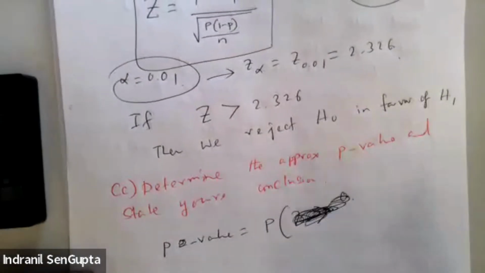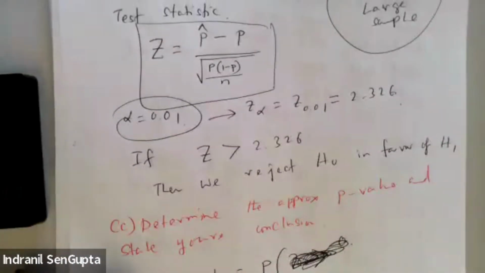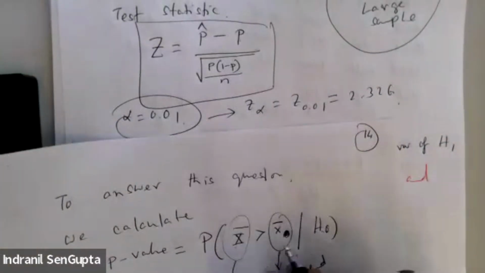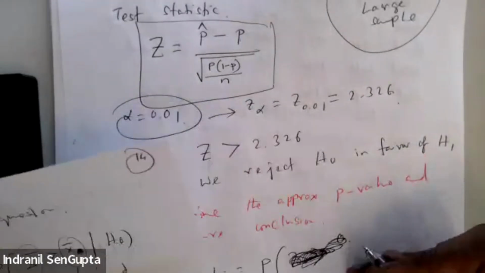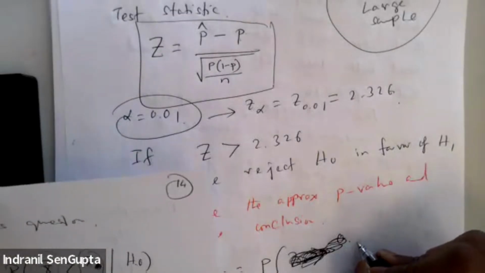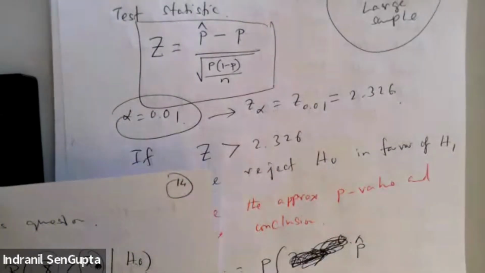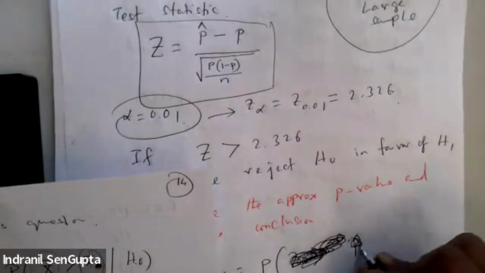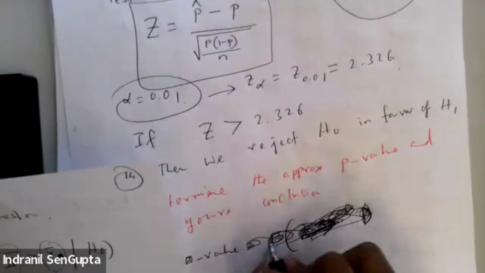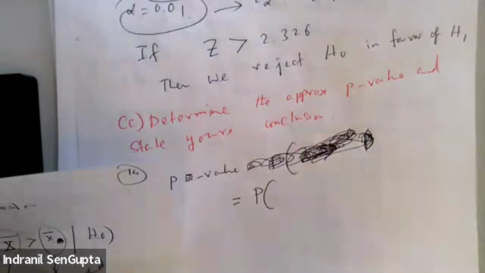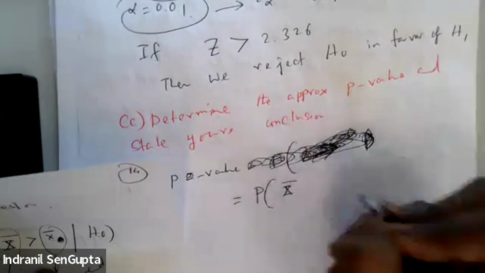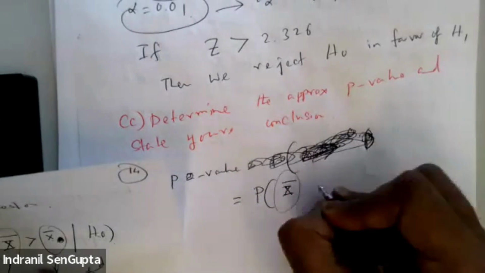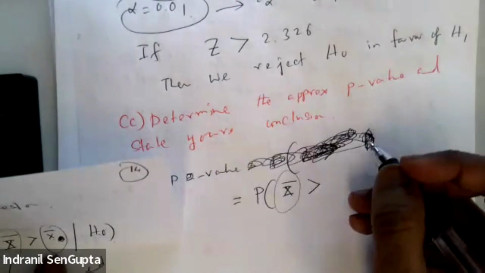As we have defined here, it's x bar more than p hat. So the p-value is the probability of x bar, the proportion as a random variable, being more than the observed value, where the observed value is p hat.